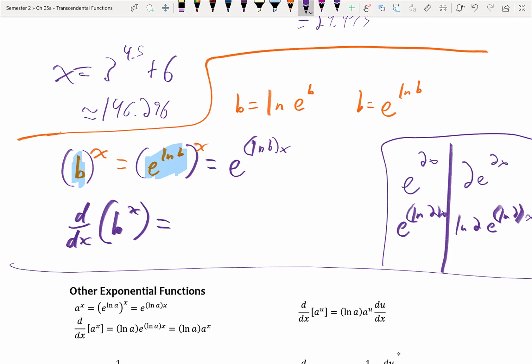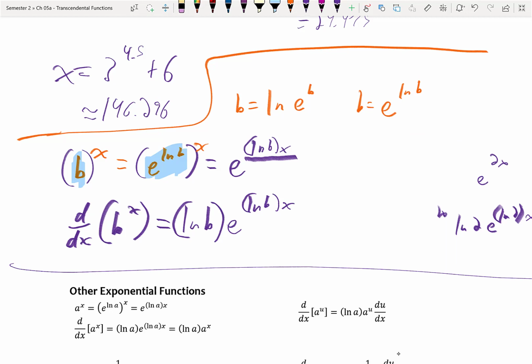I do have to take the derivative of this. The derivative is just the ln of b times this whole thing over again, e to the ln of b x. Just hang on, one at a time, guys. Well, think about it this way.